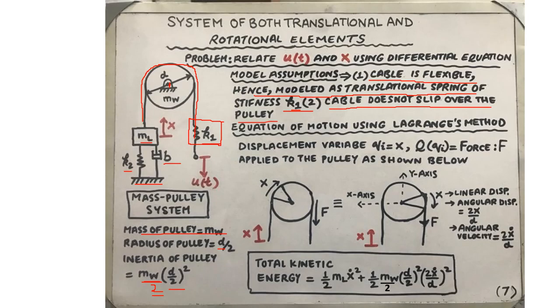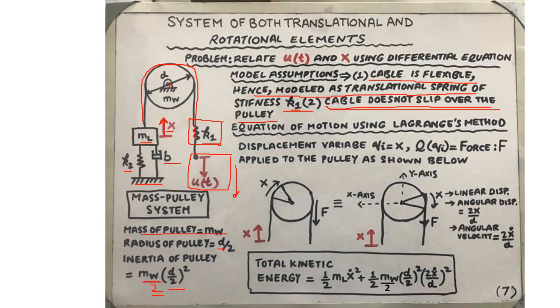This is important because otherwise we just cannot relate what's given in the problem, which is the input displacement applied downward on the rope as shown here. This displacement just cannot be related with the upward displacement x of the mass m1, unless we assume that there is no slipping. That is, the cable does not slip over the pulley.